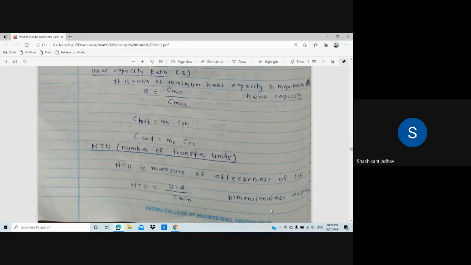In the form of equation, write down R is equal to C minimum divided by C max.